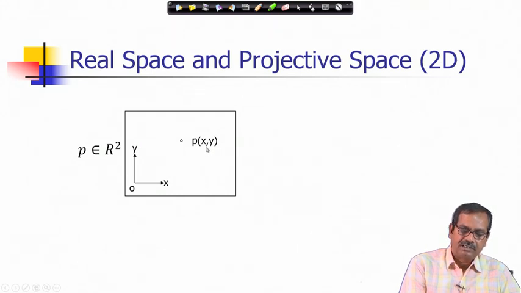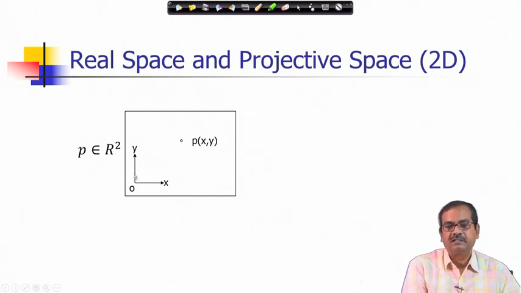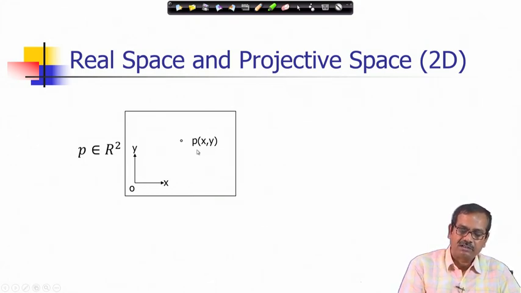Since this is the Cartesian product of the real axis, we denote this two-dimensional space as R square. Following this convention, there is an origin, and there are x and y axes based on which these coordinates are defined.